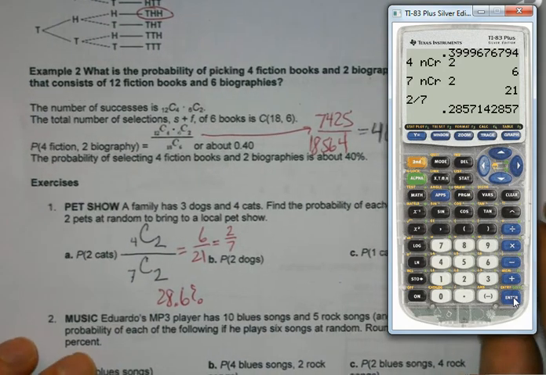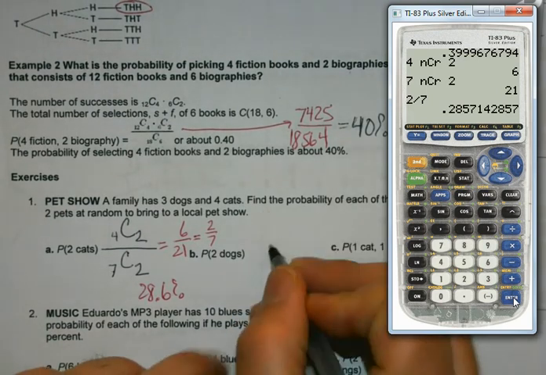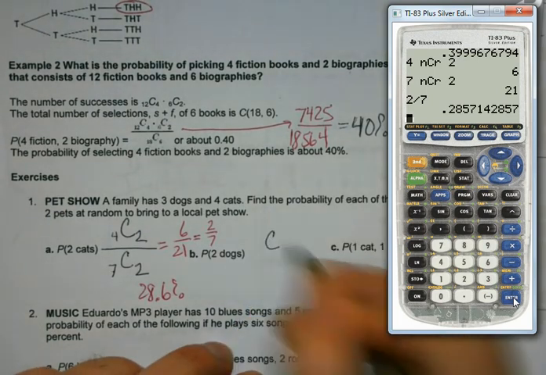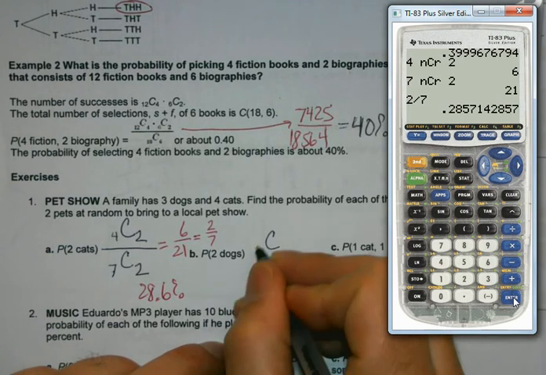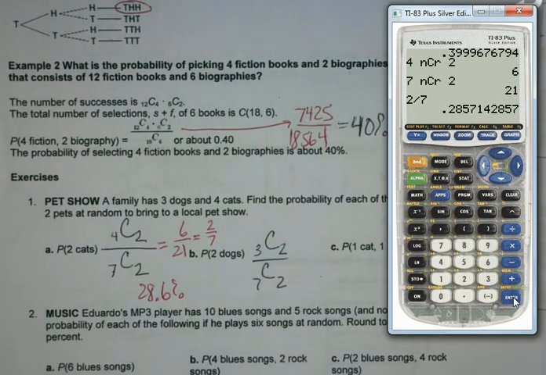So what would be the one thing that would change when I got to letter B? I have dogs instead, so how many do I have to pick from? 3 pick 2, but my denominator would still be the same because I still have 7 total pets to pick from and I'm picking at random.